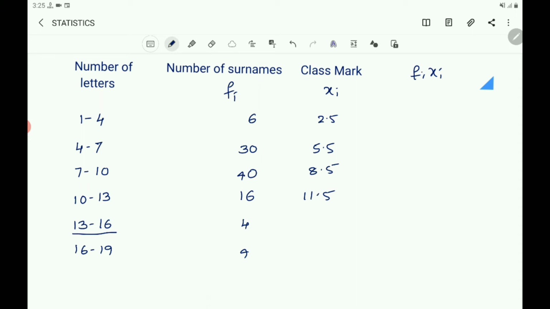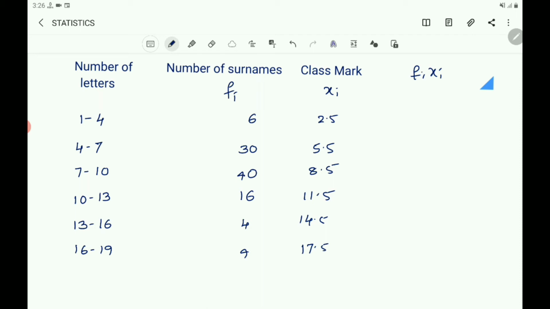Next 13 plus 16 divided by 2, 13 plus 16 is 29, 29 divided by 2 is 14.5. Next 16 plus 19 divided by 2, 16 plus 19 is 35, 35 divided by 2 is 17.5.